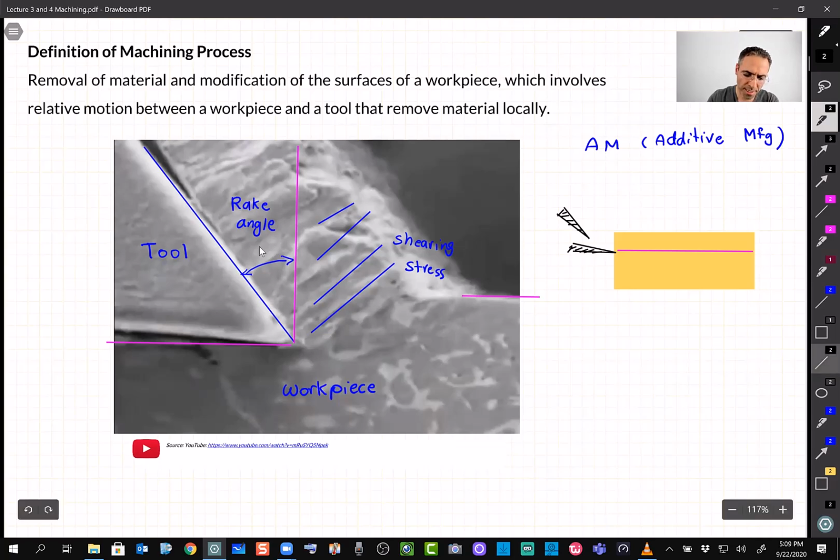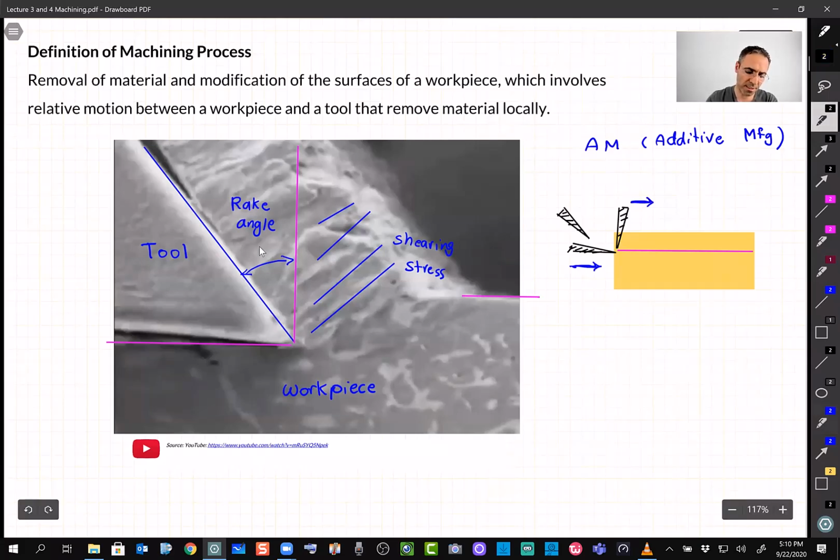Or you can hold your knife something like this. And then move the knife with each of these configurations to the right.